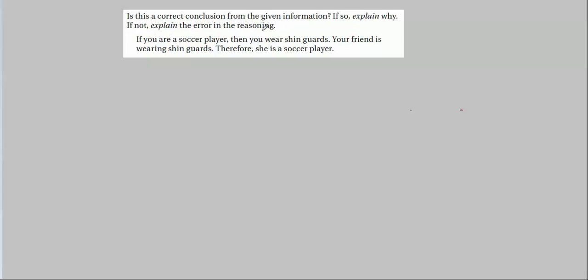I mean, it's like the general you, whoever you are, or if it's intended to be a specific you, such as you're the person reading it, so it means you particularly. Like in this case, I'm reading it, so it means me as a soccer player would wear shin guards. That's ambiguous. But let's suppose they mean you in particular.